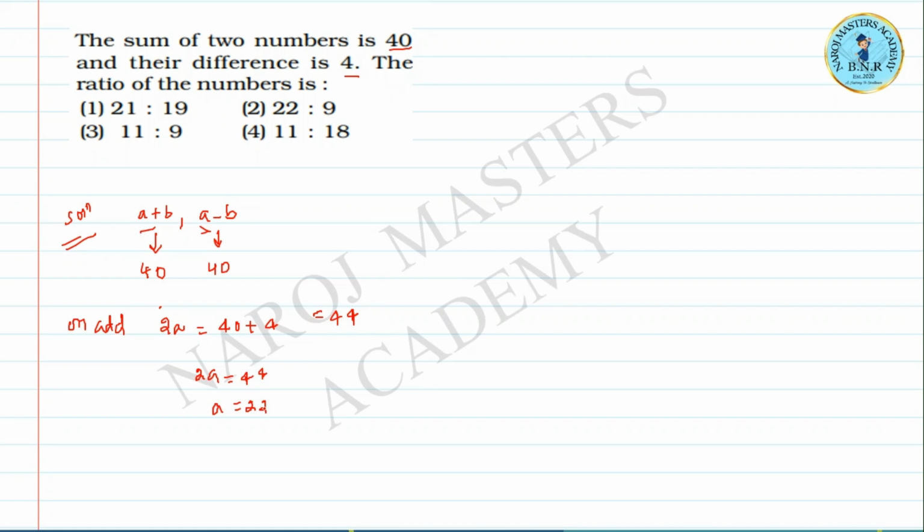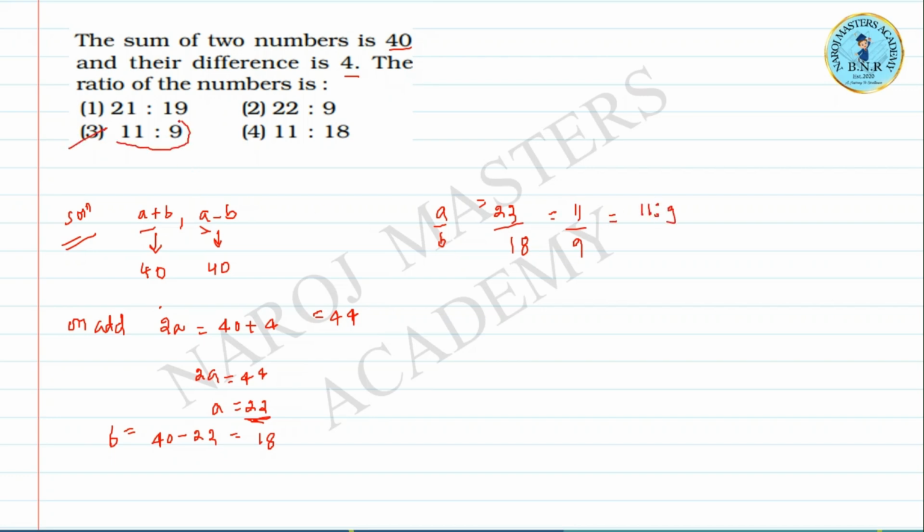Now what is the value of b? b is equal to 40 minus 22. Totally, what is the value? 18. Now we have to find the ratio between the two numbers. a by b is how much? 22 by 18, which is 11 by 9. 11 is to 9. So the answer is the third one.